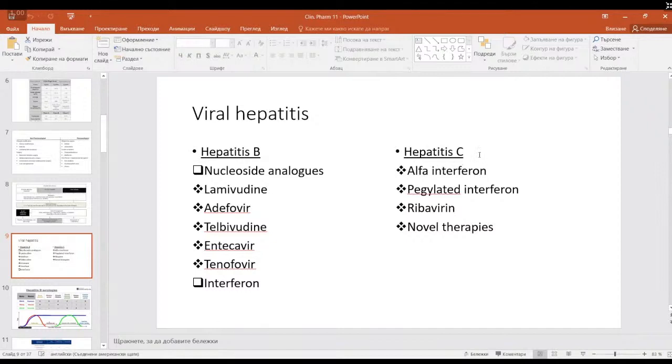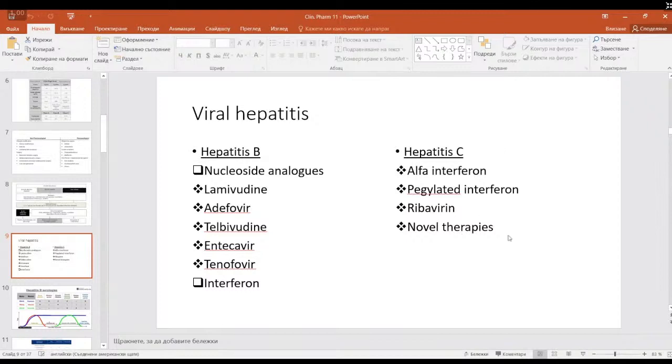And the drugs that were available, like interferon and ribavirin, they were not very effective, and also they caused some serious adverse drug reactions, including psychiatric illnesses, also renal toxicity, hepatic toxicity.